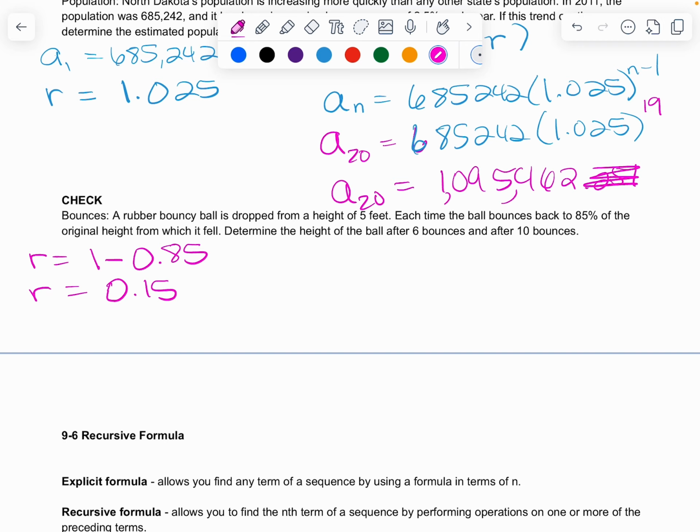Okay, the original height was 5 feet times, I may be wrong on this one, raised to the, nope, it wants the 85. I lied.